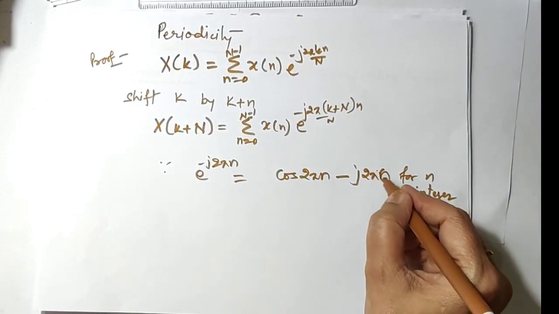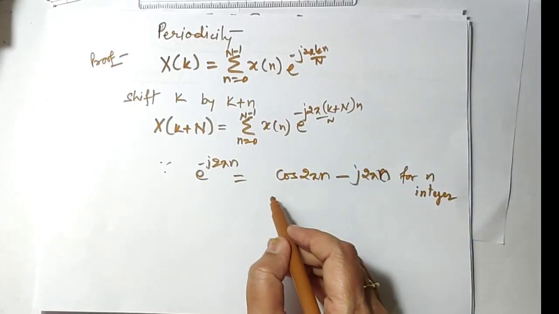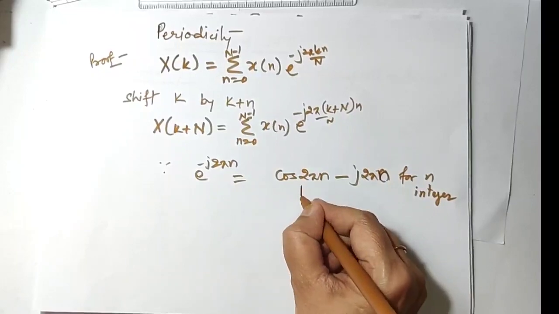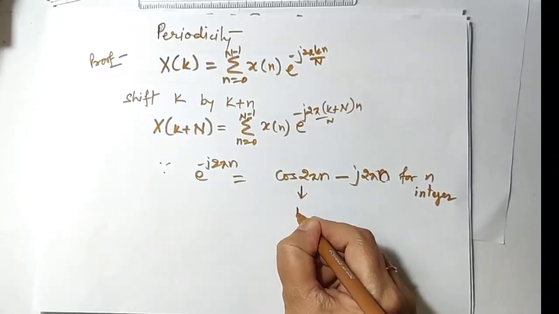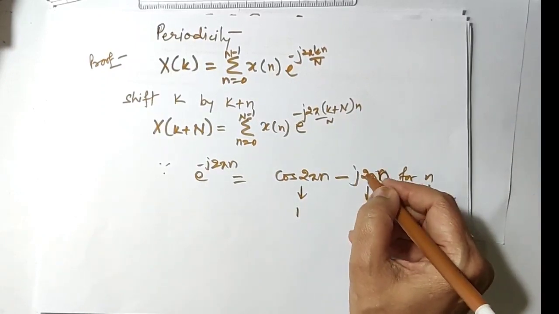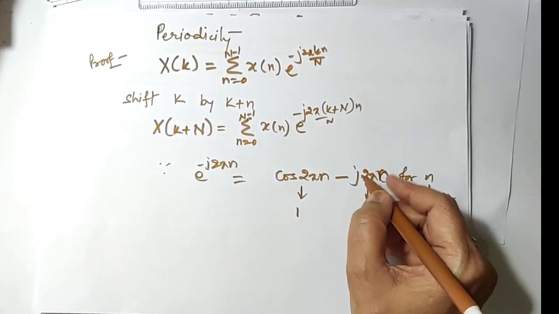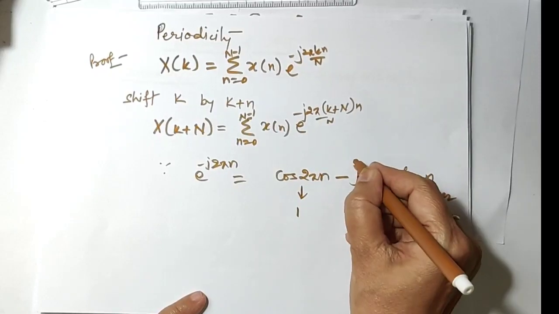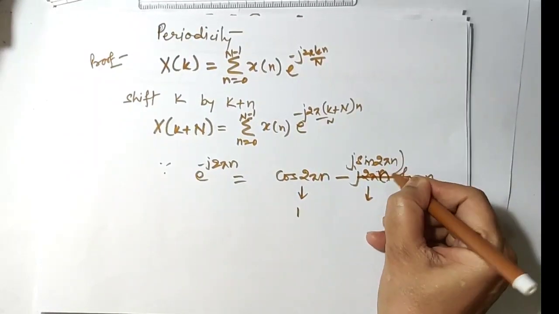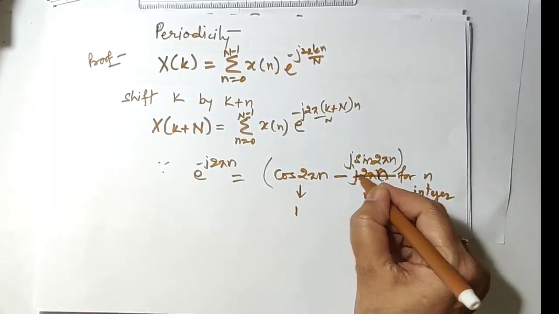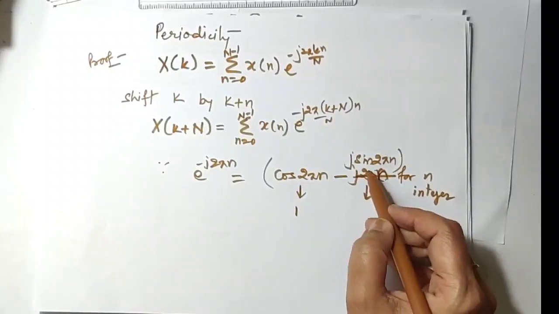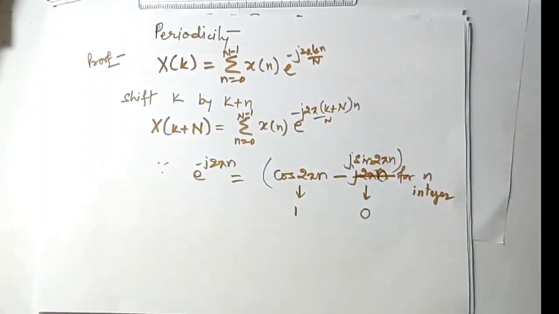When you solve it, you will find this condition, and you know the value of cos 2 pi n is 1, and j sin 2 pi n will be 0.